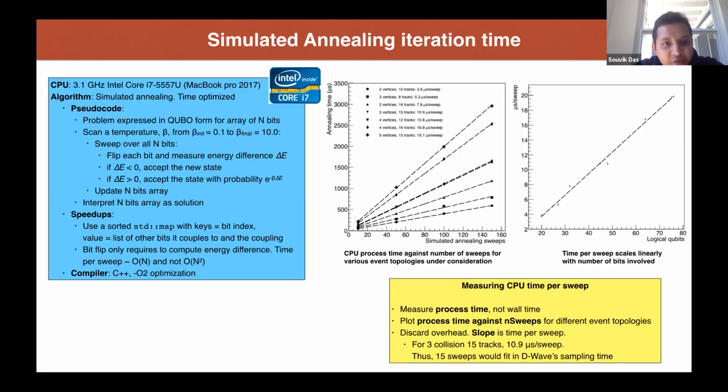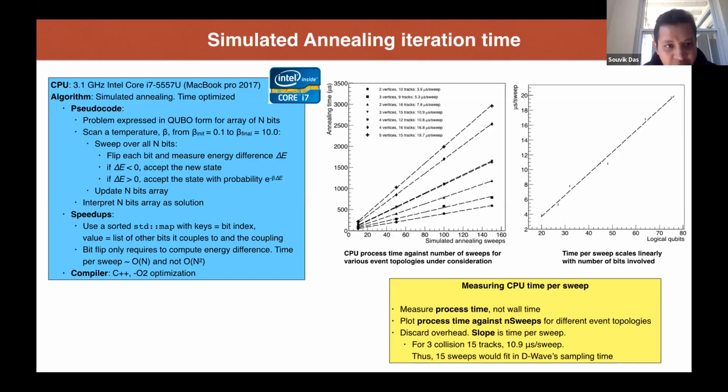In our case, the problem is expressed in QUBO form for an array of n bits. Then we scan a temperature beta from beta initial to beta final. How we get this 0.1 and 10 is in the backups, but we can talk about that. Then we sweep over the n bits within that for loop. At each bit, we flip the bit and measure the energy difference.